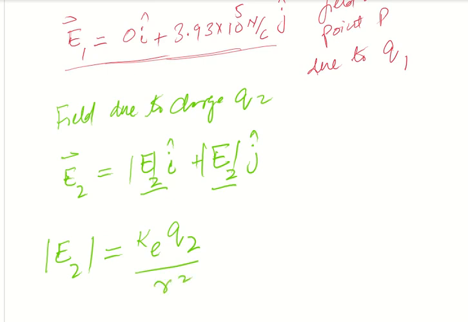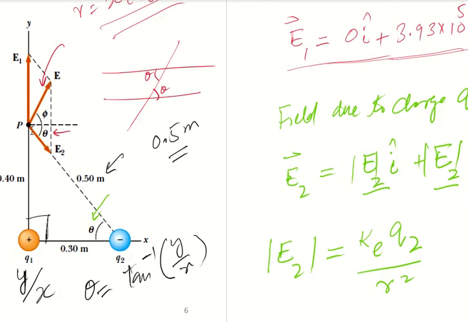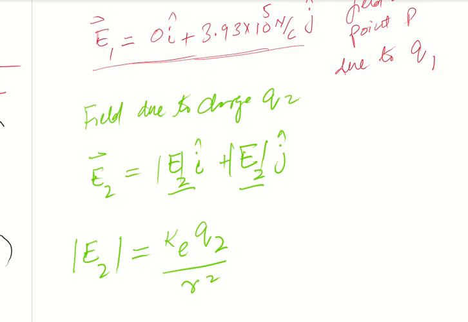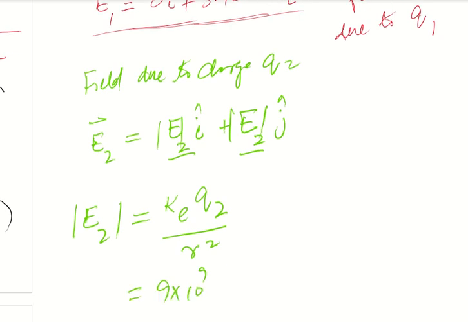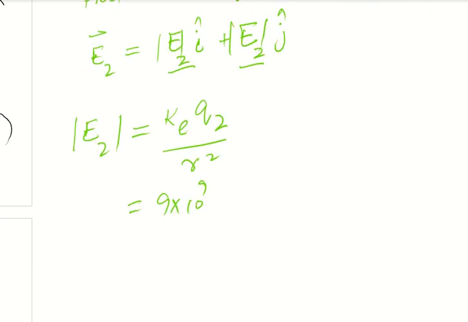And this time, which R distance will we use? This distance that we have here, because this is the distance from charge Q2 to the point P. That's also easy to remember. Ke is again 9 into 10 raised to the power 9, and Q2 is 5 microcoulombs, so 5 into 10 raised to the power minus 6 coulombs, and the distance is 0.5, so we square that distance.